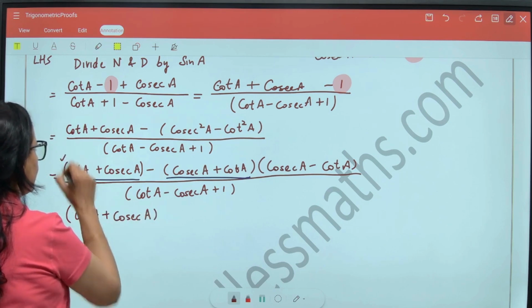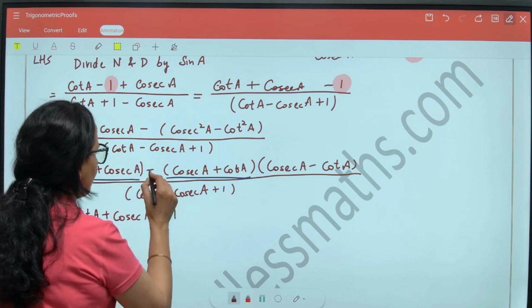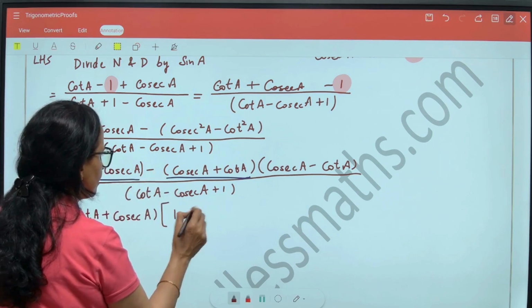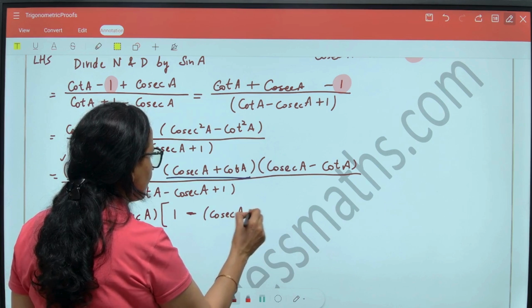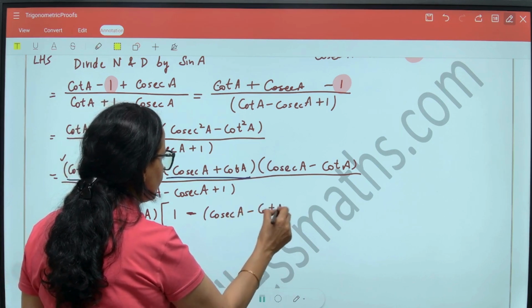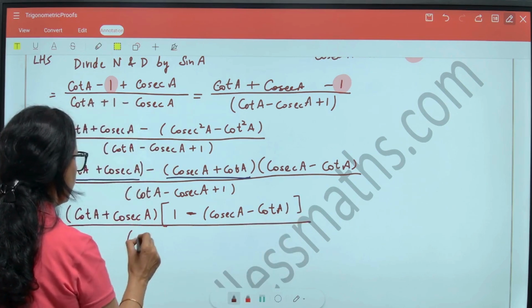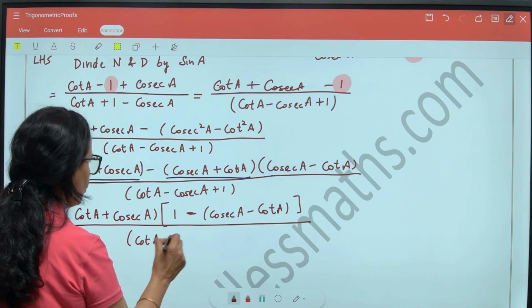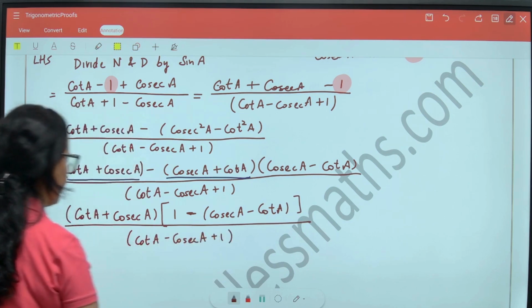From the first block I am left with 1, don't ignore this one, minus, the minus stays there. Second block I have cosec A minus cot A, right, and the denominator again stays as it is, no change at all, because it is going to get cancelled in the next step.